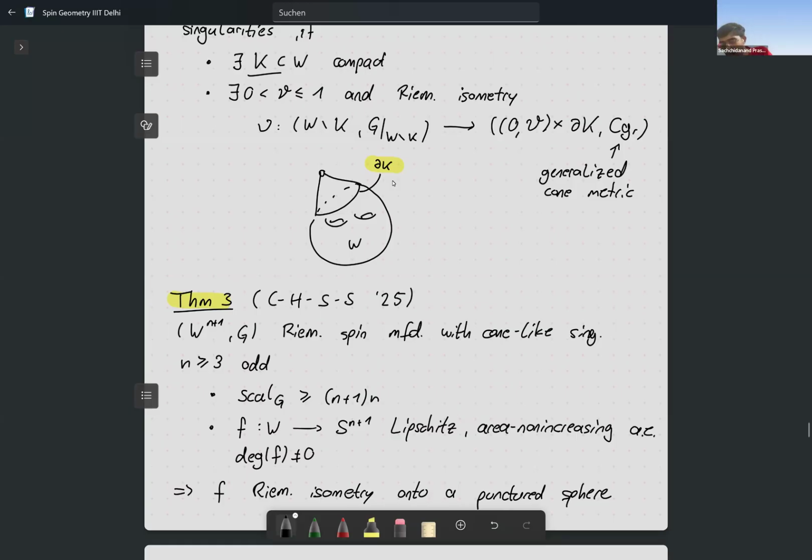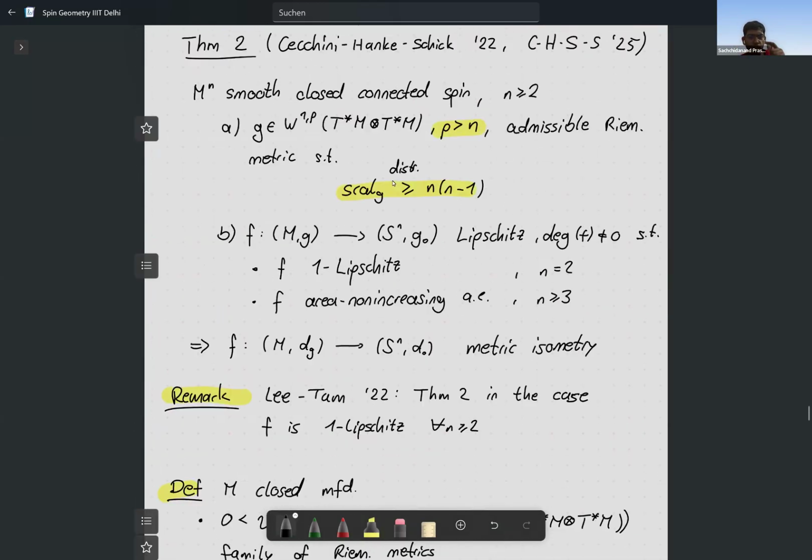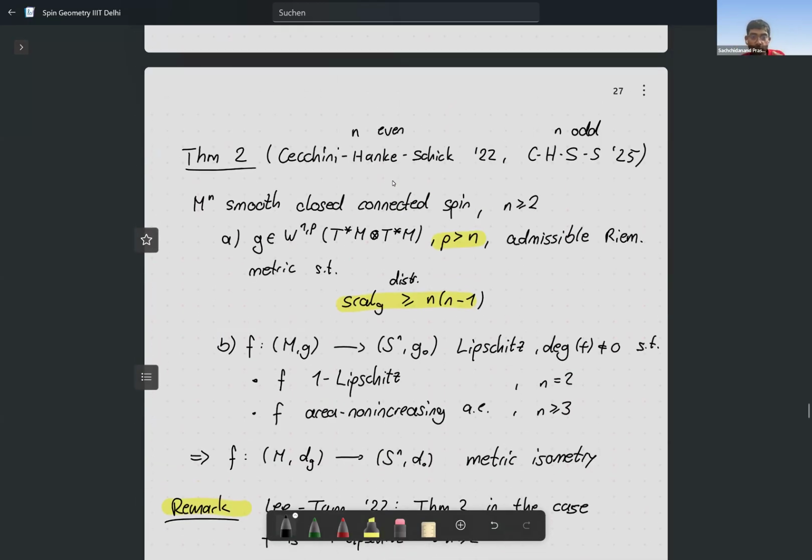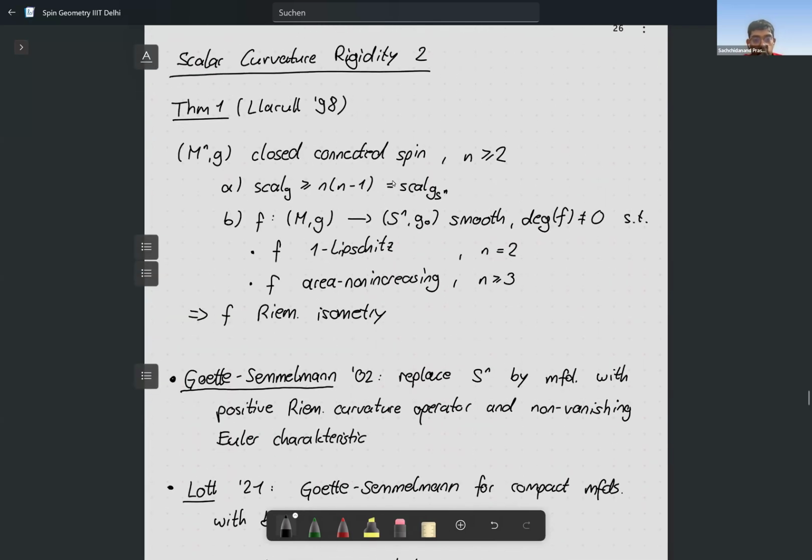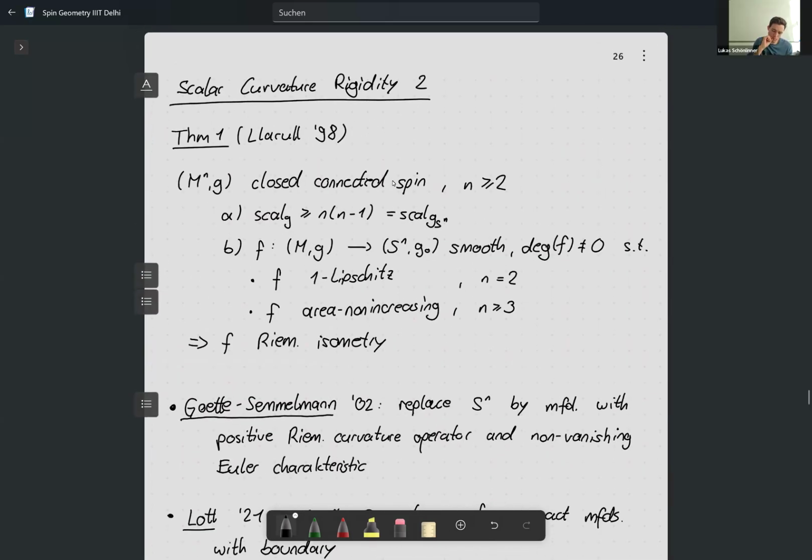I was basically asking, last time when you did the theorem, can you go to the last theorem, not today's? Yes, the Llarull theorem. There, F was smooth, and instead of smooth you changed it to Lipschitz.